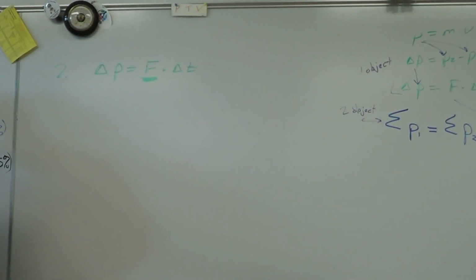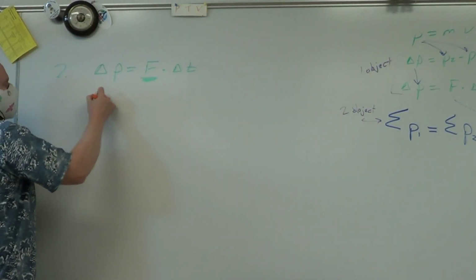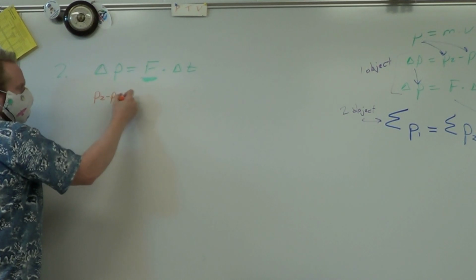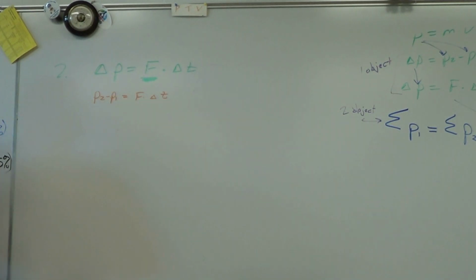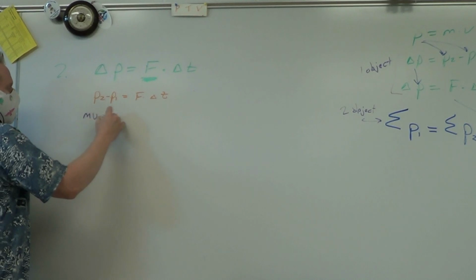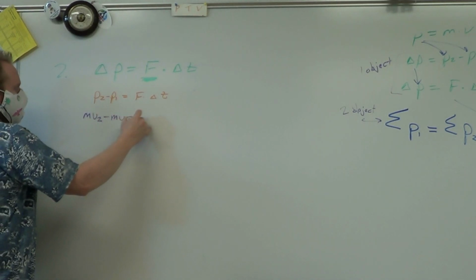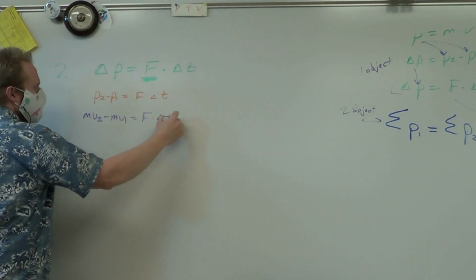So if I say delta P is really P2 minus P1, I'm just going to do it again over here. Probably not necessary, but I'm going to. So delta P is P2 minus P1, and instead of saying P2, I can say MV2 minus MV1 is equal to F times delta T.